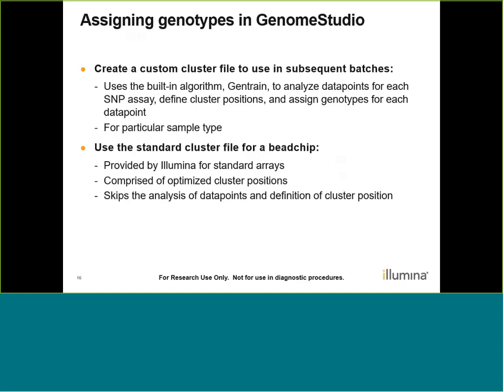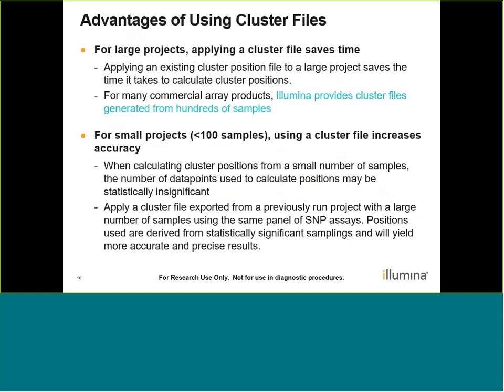When you use a standard cluster file, that means that you don't need to do the analysis of the cluster positions within Genome Studio, and that can really save time, especially for something like large projects. If you have a very large project, it's going to take a long time to calculate those cluster positions. So instead, you can use the standard file.